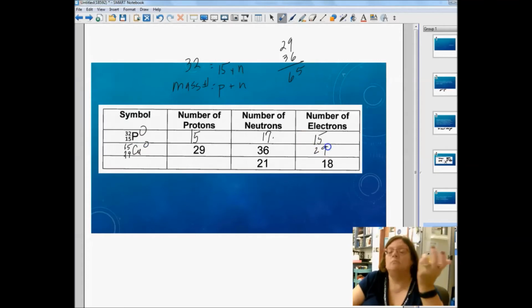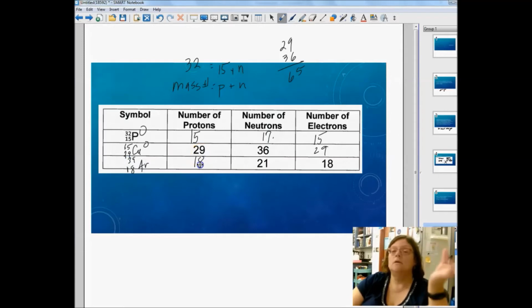For our third one, again, if we assume that there is no charge, 18 electrons and 18 protons would be what we're talking about. And 18 is argon. For a mass number, 18 plus 21, we would have 39, if I did my math right.